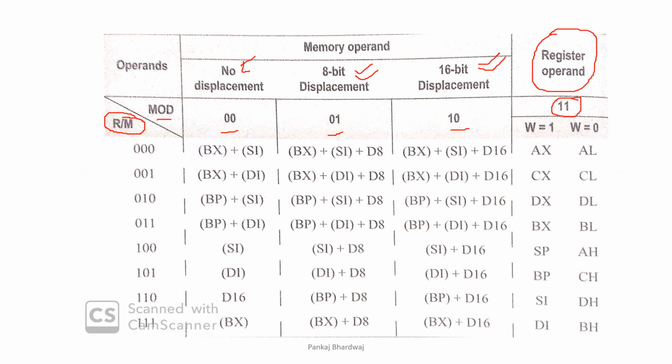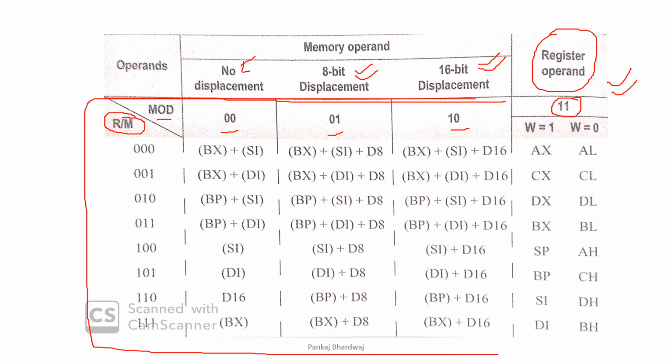In these three cases, because we have already discussed the register case in the previous slide, we see that the R/M value may have 8 different combinations: 0 0 0, 0 0 1, 0 1 0, and so on up to 1 1 1.